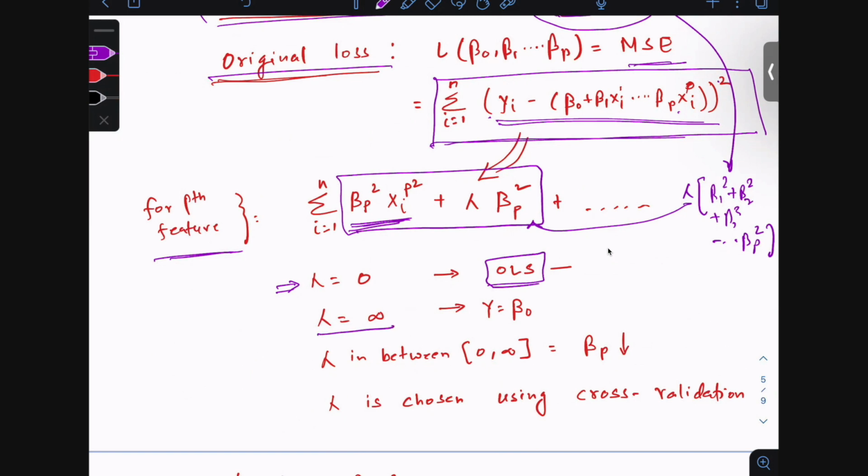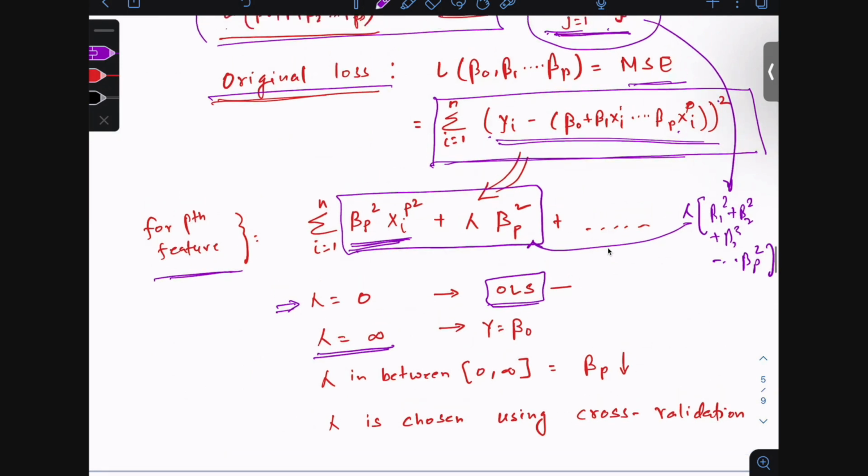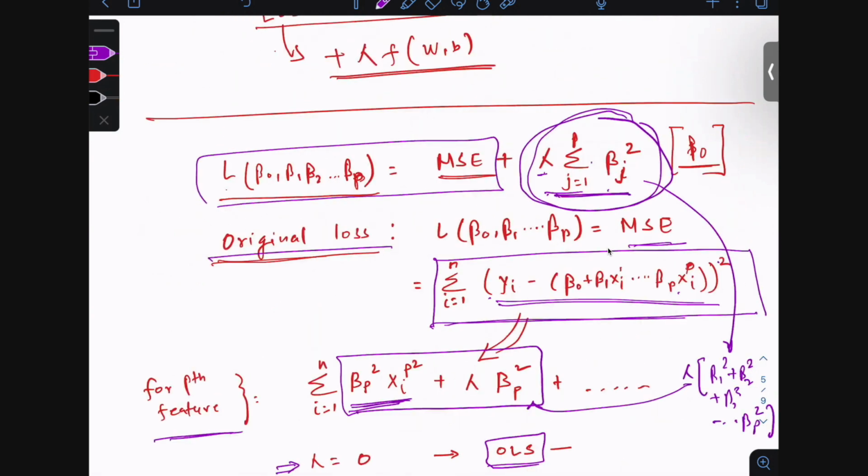If lambda turns to infinity, what will happen? This figure will become very high. Now, what will be the option in front of the optimizer to lower the loss? If this thing is going towards infinity, this thing has to approach 0, right? To make this overall quantity 0 or near to 0, or to minimize this, right?